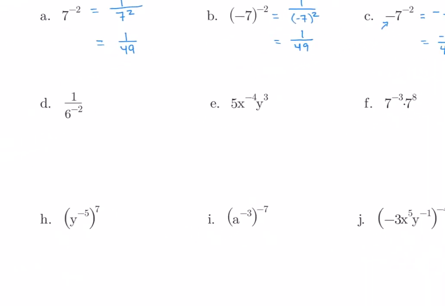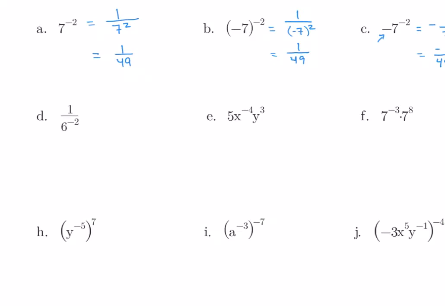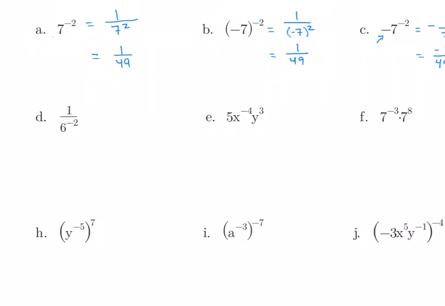Okay, now let's look at example D and see what we can do with this. Now, if it's in the numerator, we move it to the denominator. Note that if it's just a whole number, it's implied to be over 1.